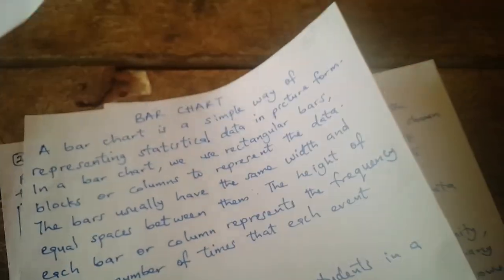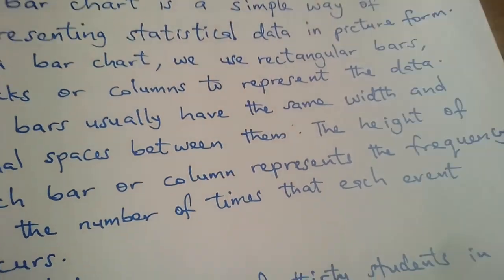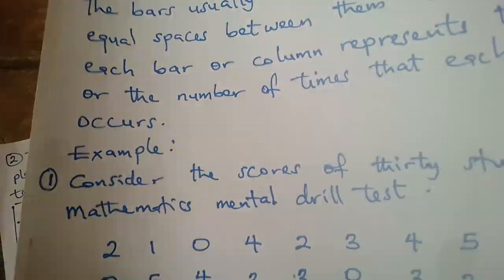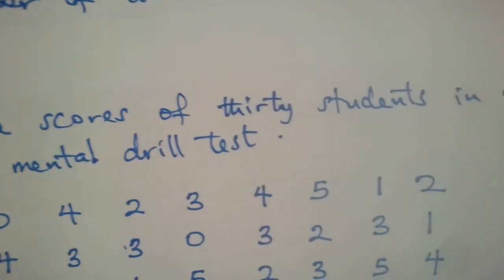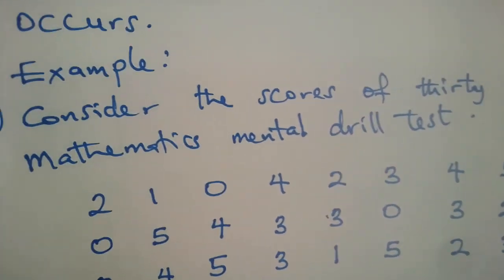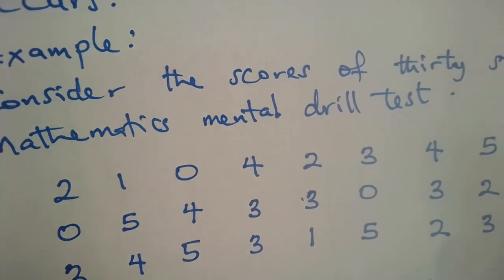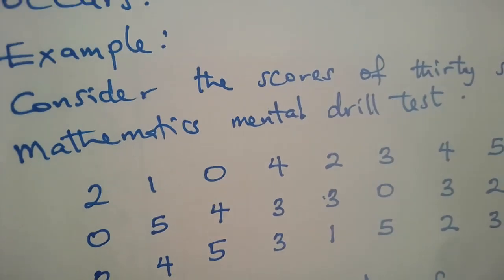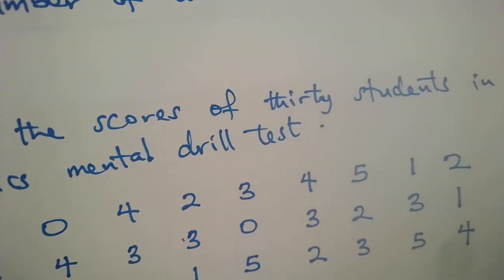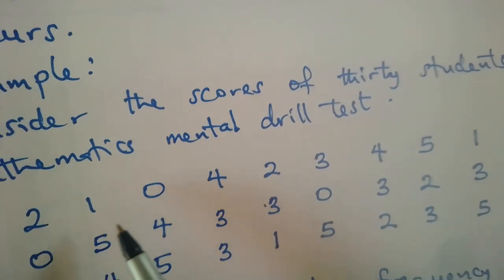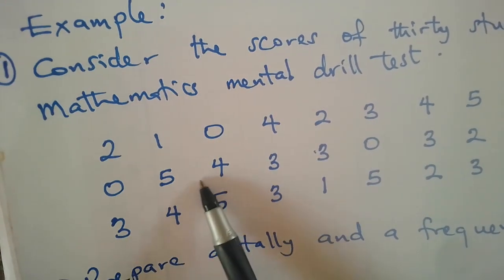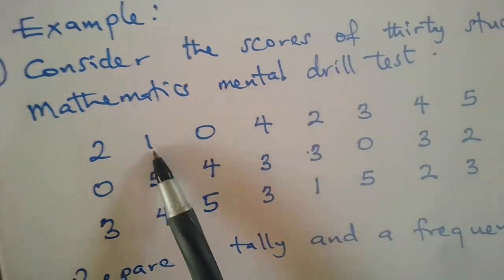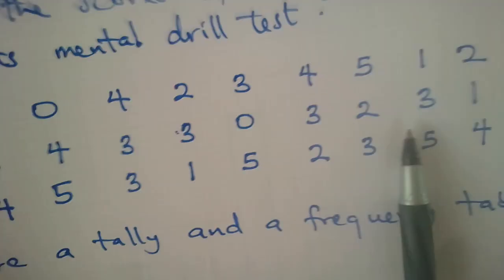Now, let's look at an example. Consider the scores of 30 students in a mathematics mental drill test. These are the scores we want to represent.